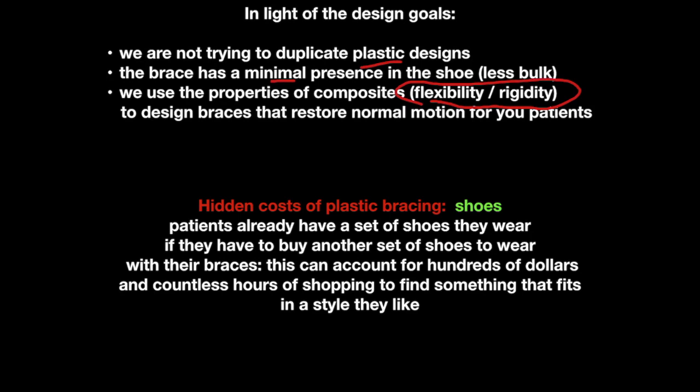One of the hidden costs of plastic bracing has to do with shoes. Patients often have a set of shoes when they come to see you, and then if you provide them with a set of AFOs that are made out of plastic, typically they have to go and buy an extra wide shoe, an extra depth shoe, or a different size shoe in order to accommodate the plastic brace.